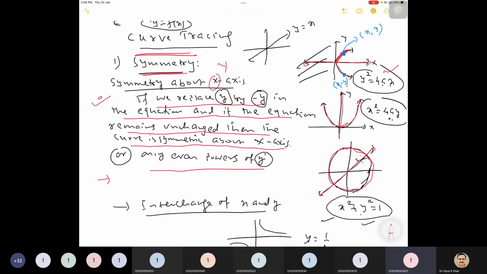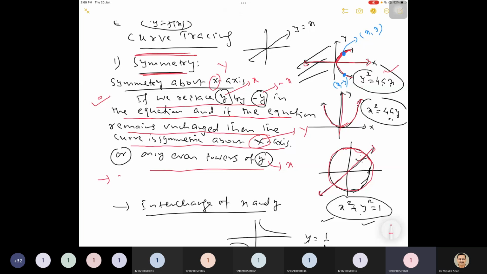If we replace x by minus x in the equation, and if the equation remains unchanged, then the curve is symmetric about y-axis, or only even powers of x, then you can say that the curve is symmetric about y-axis.